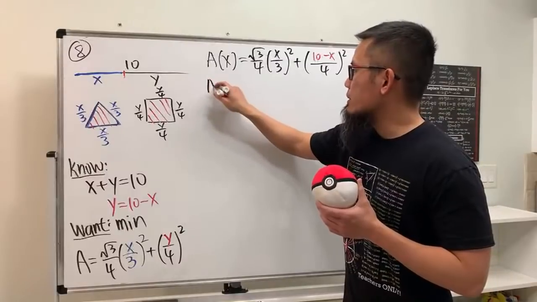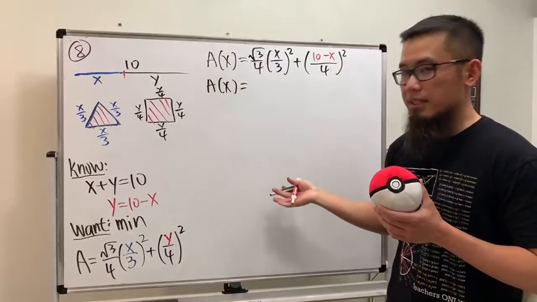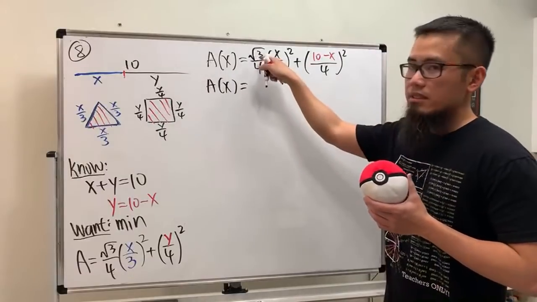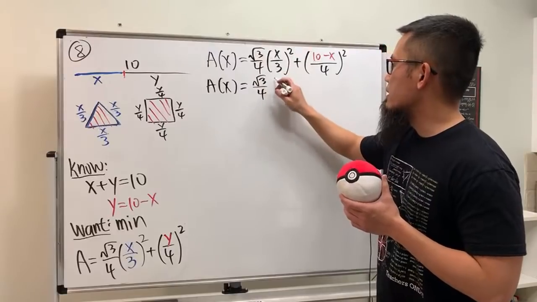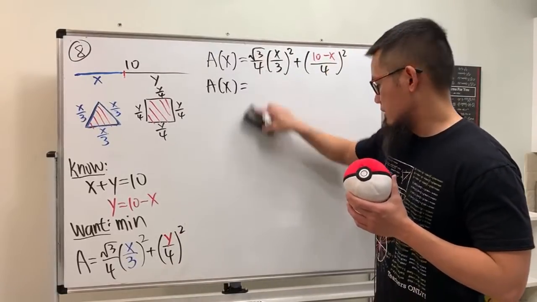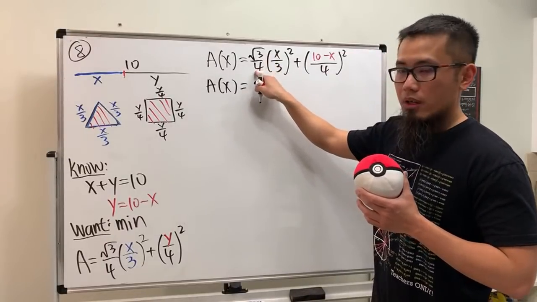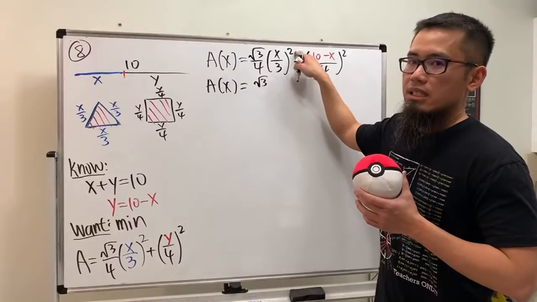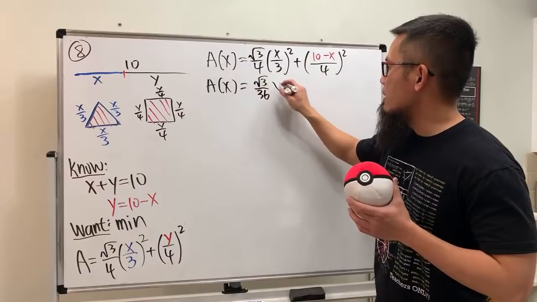Work this out. This is actually just quadratic, so the derivative is not bad at all, but that number is pretty bad. Anyway, square root of 3 over 4, but 3 squared is 9, 9 times 4 is 36, and then we have the x squared.